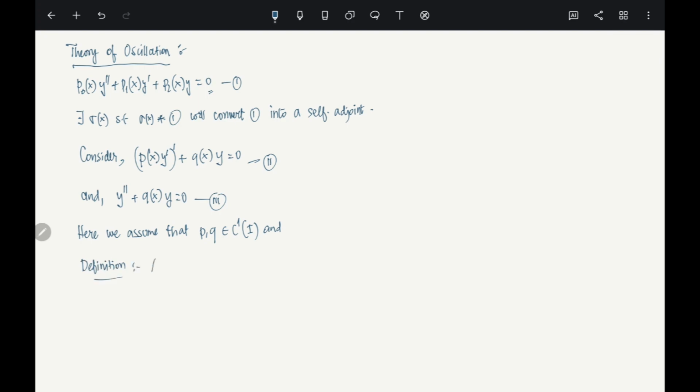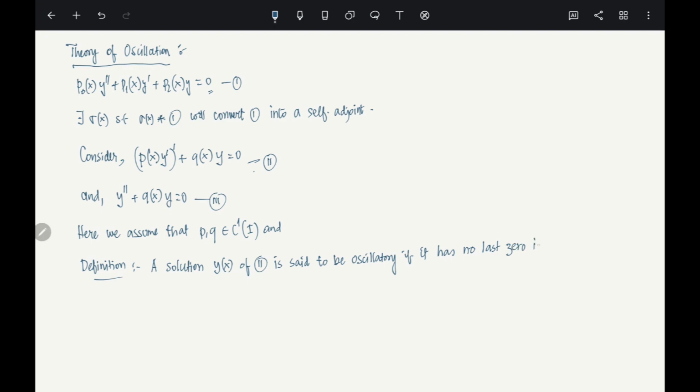A solution y(x) of equation 2 is said to be oscillatory if it has no last zero.